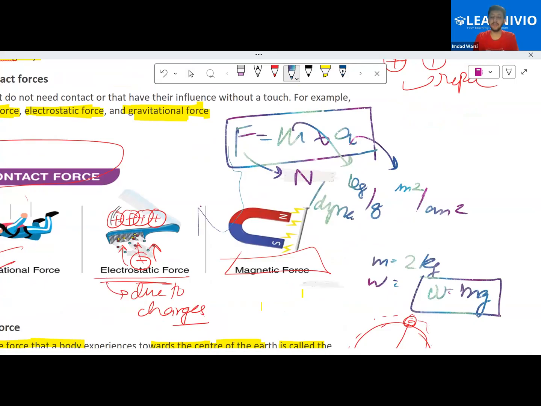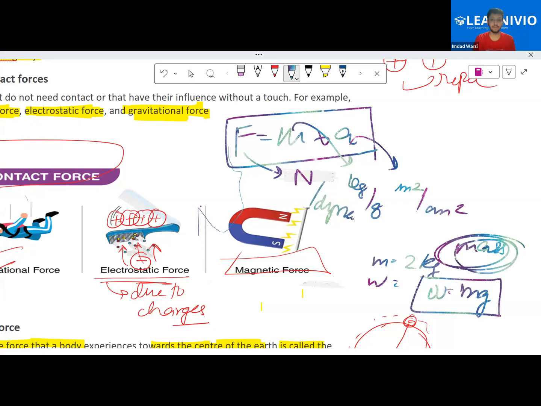What is mg? What is m? M is, wait, I remember this. G is acceleration due to gravity, but M, I forgot M. Are you serious? M is the mass. How can you forget that? Oh, mass. Without mass, weight doesn't exist.